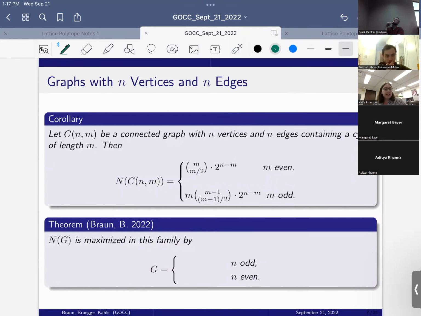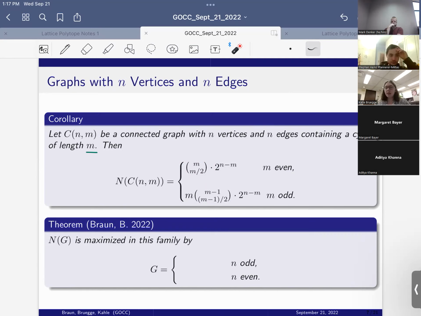So if C of n,m is a graph with n vertices and n edges that contains an m cycle, then its number of facets is given by these products of binomial coefficients and powers of 2. So the binomial coefficients, or m times a binomial coefficient, is coming from the number of facets of the m cycle. So this is the C_m. Right? And this 2 to the n minus m is coming from the tree parts that we're wedging on.